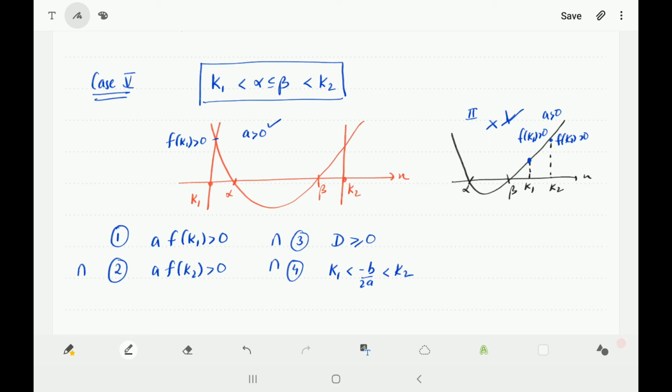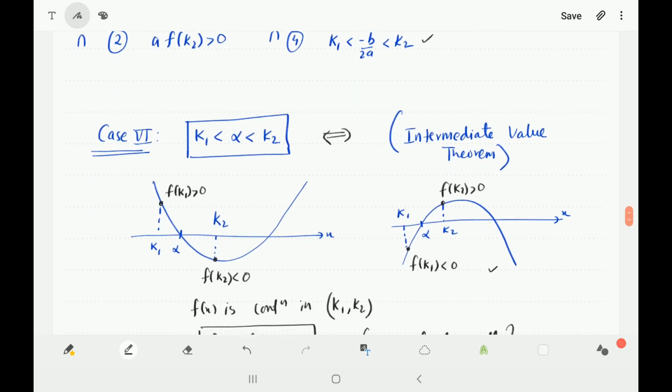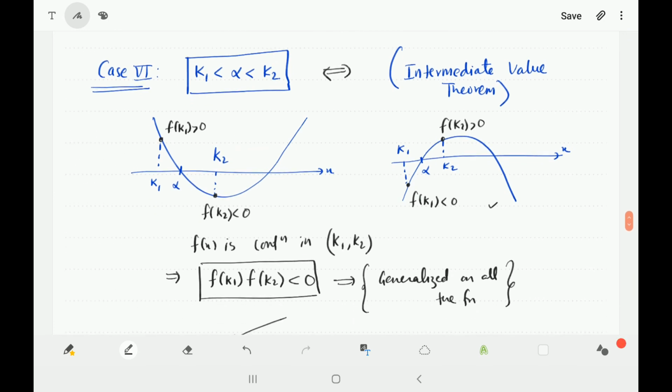And the fourth condition will make sure that the second diagram which I had drawn with the black should not be considered. We have to consider that k1 should be behind alpha and k2 should be ahead of beta. So minus b by 2a should lie between k1 and k2. And the sixth case was IVT, which states that if there is a root between k1 and k2, then f of k1 into f of k2 is negative.